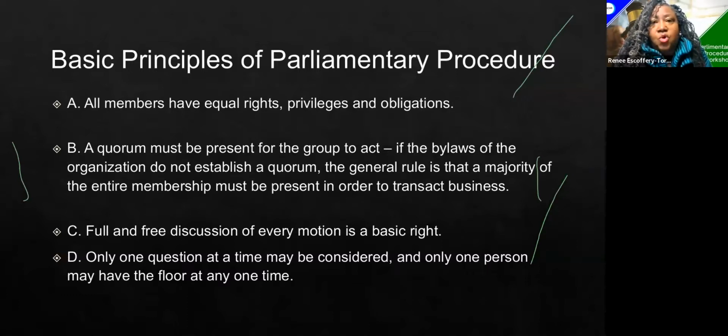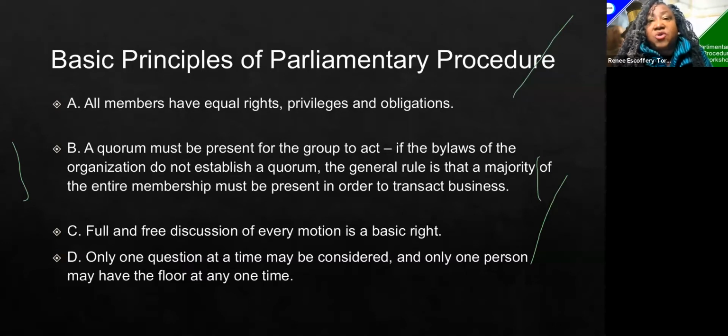And depending on your particular organization, and once again, depending on what you have placed in your bylaws, the quorum is usually set at the beginning of what I call the club year, or the chapter year, and then that quorum will be established at the very beginning, and then you must meet that quorum for the rest of the time that you are meeting. Okay, so a quorum has to be present.